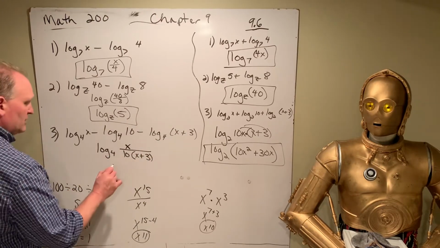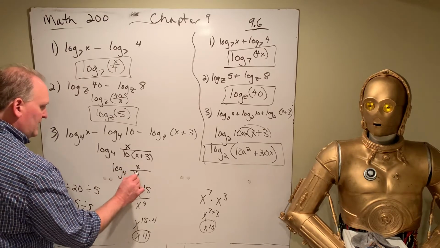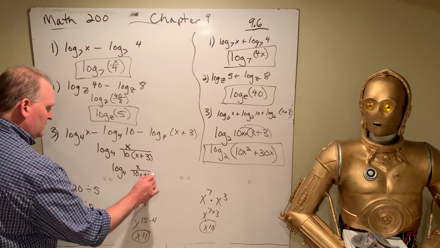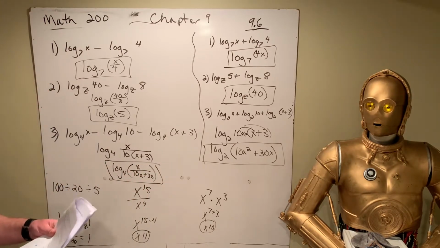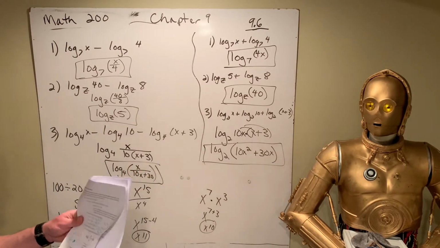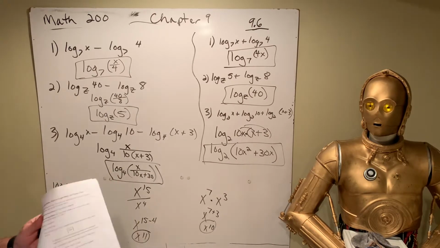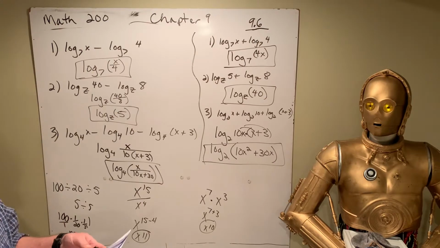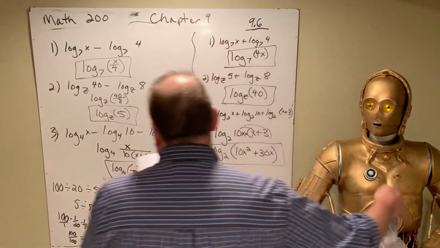And so we can multiply that out and say it's log base 4 of x over 10x plus 30. And that should be in parentheses. All right. It's not easy. That's why it's in the notes. Okay, so let's look at some that aren't as bad as that. On page 22.